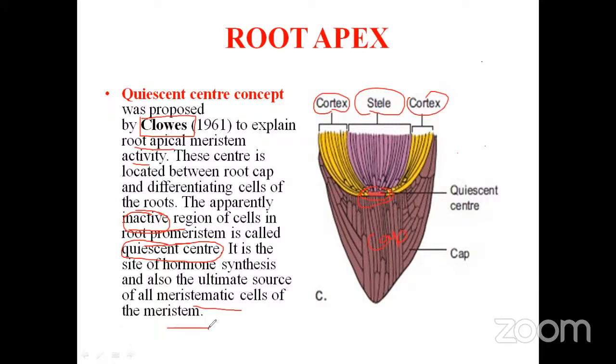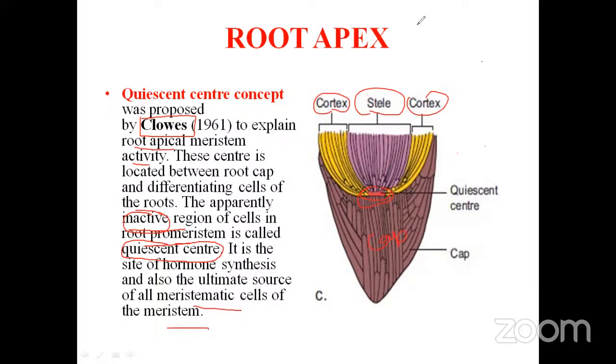The cells of the region have a lower concentration of DNA, RNA, protein, and fewer mitochondria. Mitochondria are majorly found where the active cells are present, like meristematic cells, which are rich in mitochondria. But this is an inactive state: DNA less, RNA less, protein less, very few mitochondria, little endoplasmic reticulum, very small dictyosomes, all very, very less.